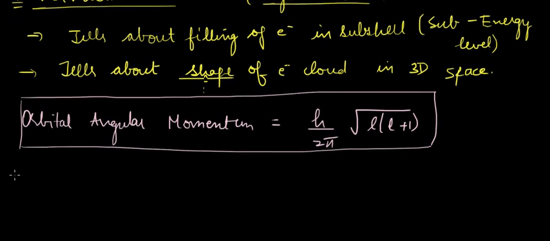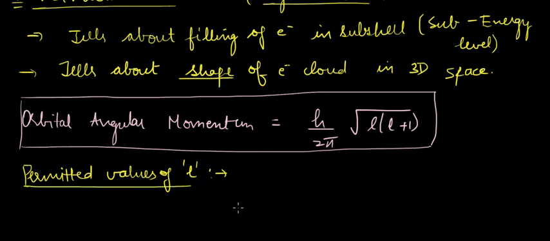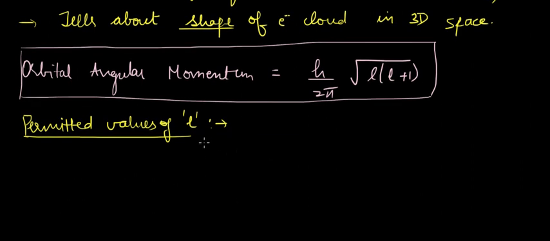So next, what are the permitted values of l? Permitted values of l depend upon the value of n.